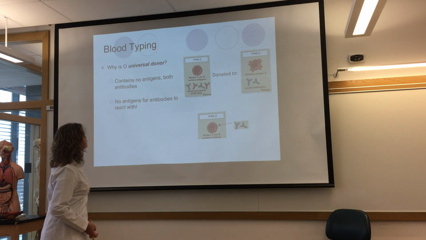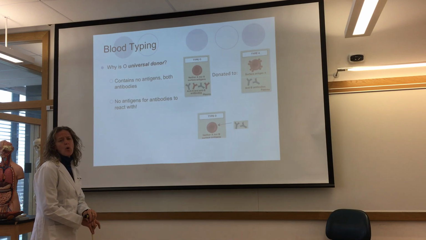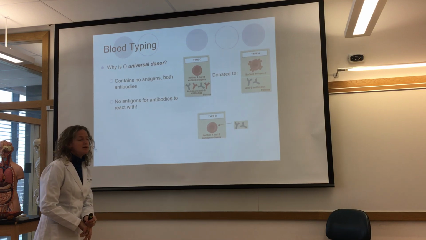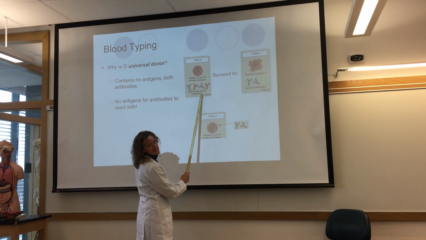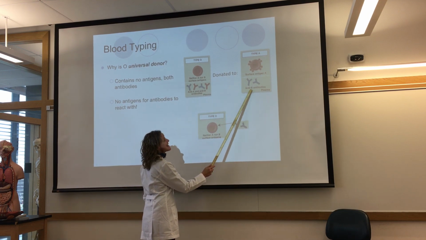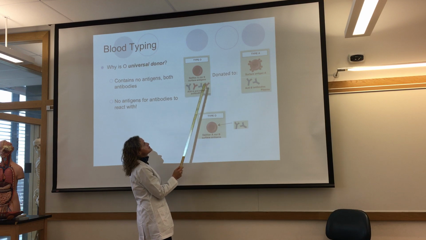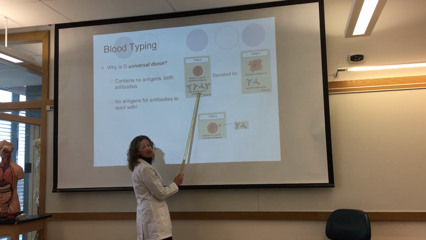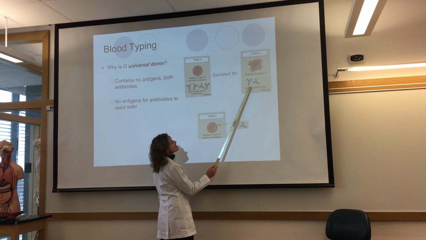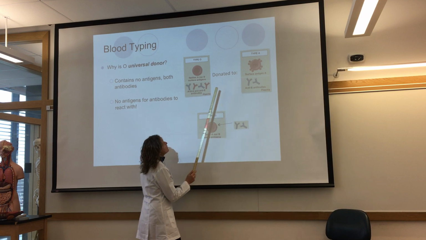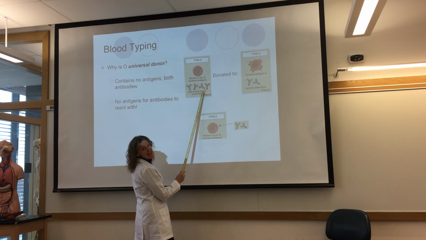Let's look at why O can be the universal donor. So type O blood can be given or donated to anyone. How does that work? Here's the blood type O. What if we donate blood type O to type A? Well, we have some anti-A and anti-B antibodies.